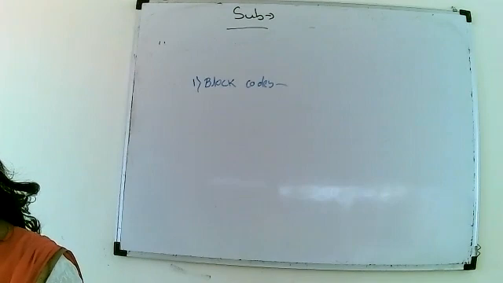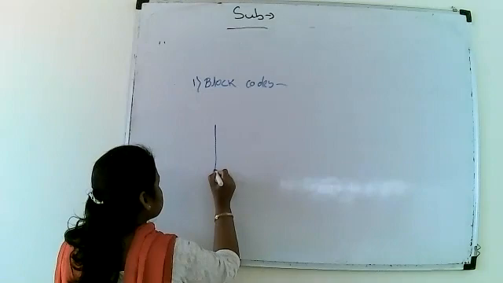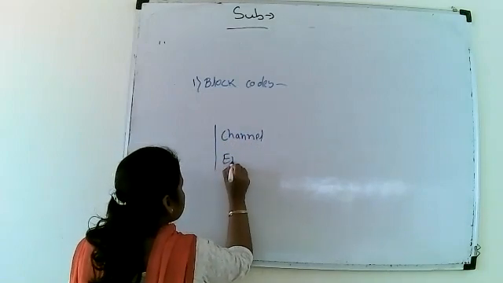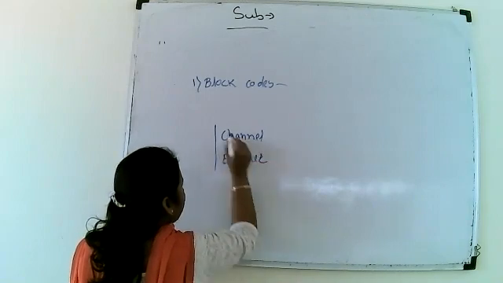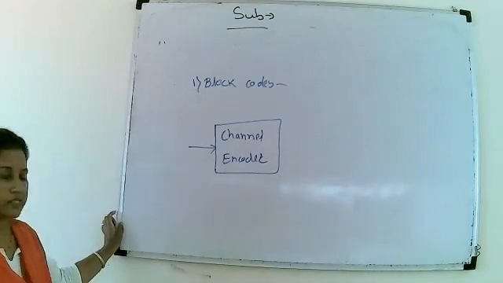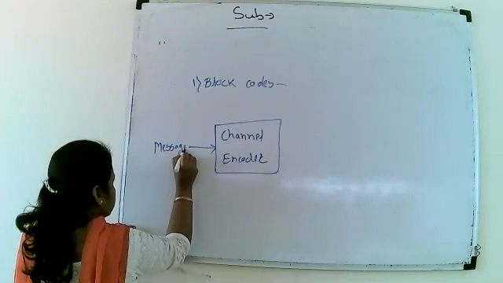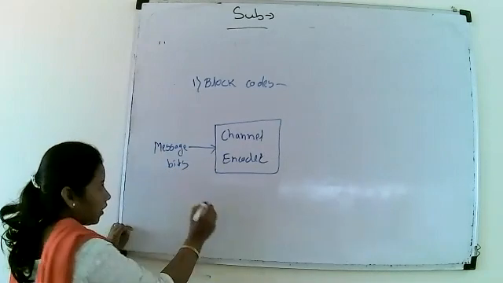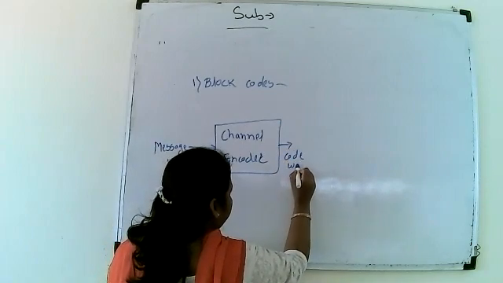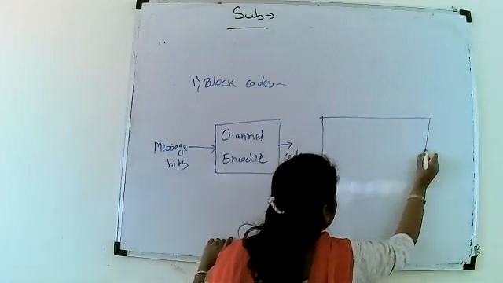Now we will see how we generate the block code from the original message. We require a channel encoder, and from this channel encoder we get the message bits and the generated code words.